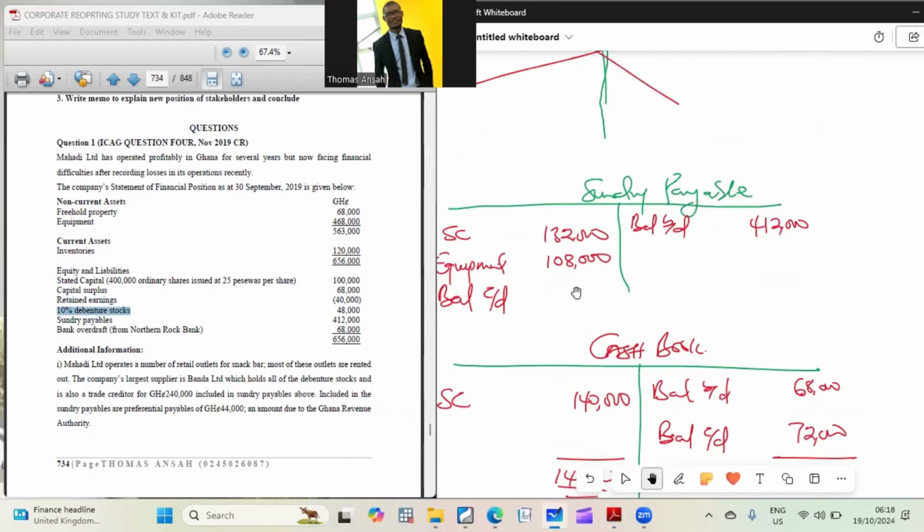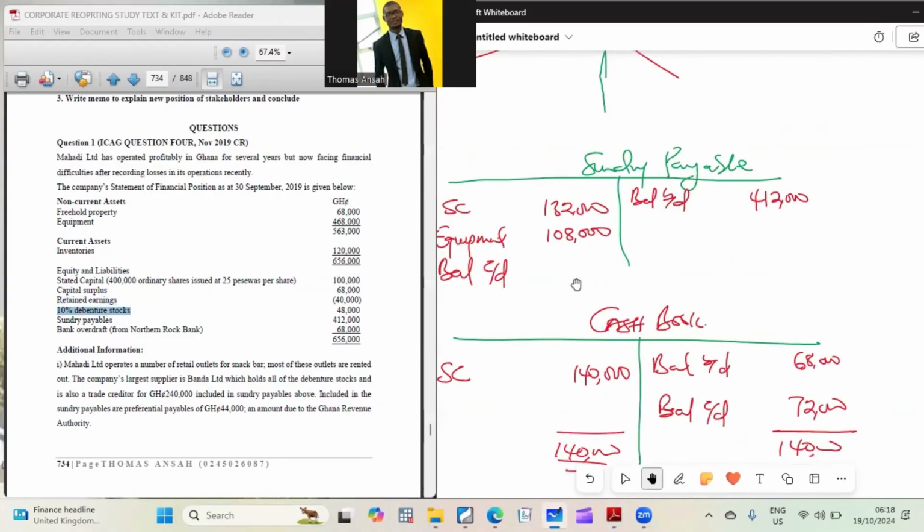Yeah, so do the sundry. What is the balance left in the sundry? 172,000.